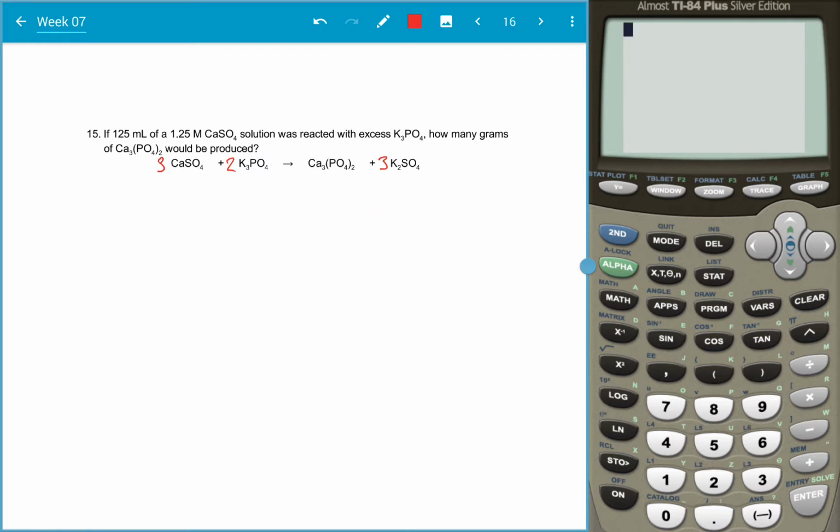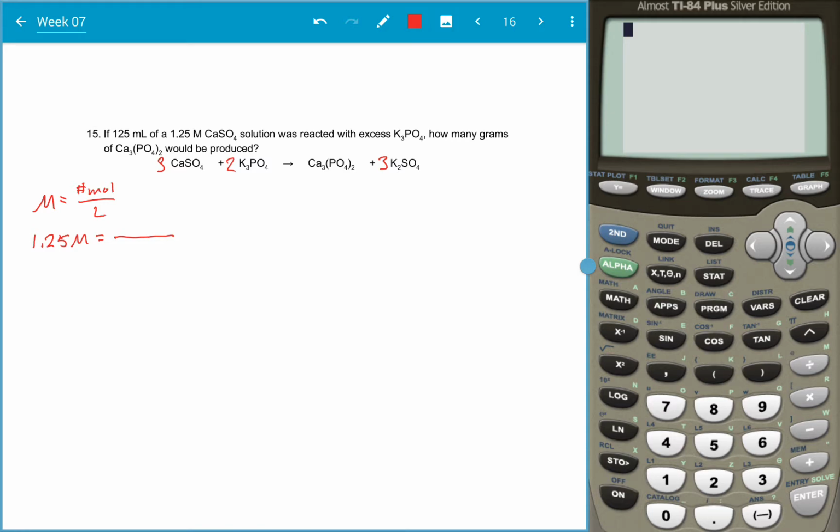Okay, so now we can look at the actual numbers in the problem. And as I look at it, I notice a molarity. So the equation for molarity is molarity equals the number of moles divided by liters. Things that I can go ahead and plug in are the 1.25 molar concentration.